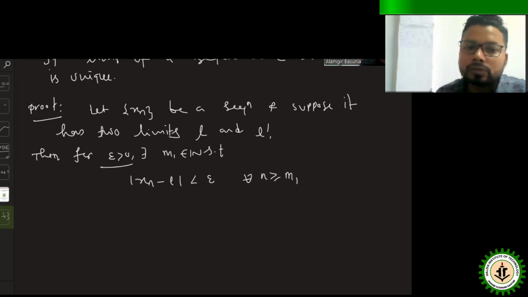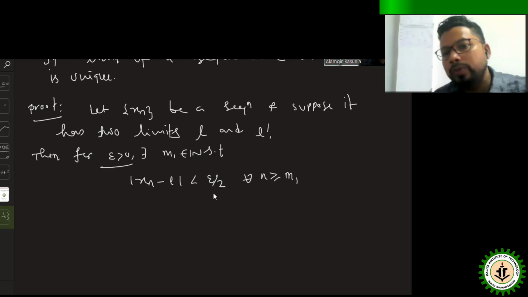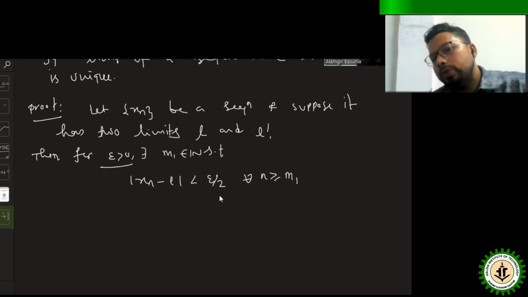Now epsilon is an arbitrary number, so epsilon by 2 is also an arbitrary number. So instead of writing epsilon, we can put epsilon by 2. Even if we don't put epsilon by 2, we can still prove it.